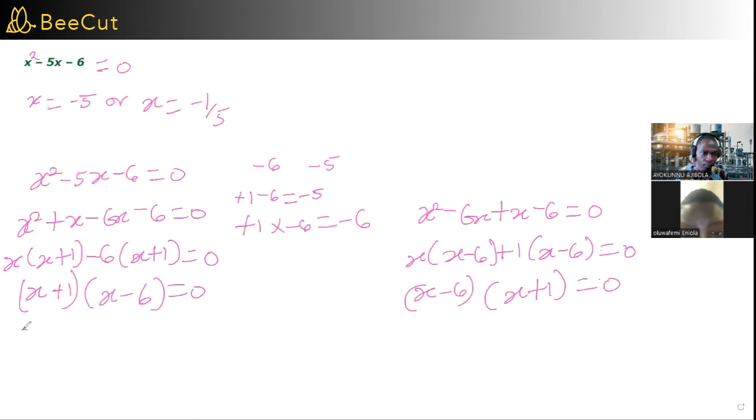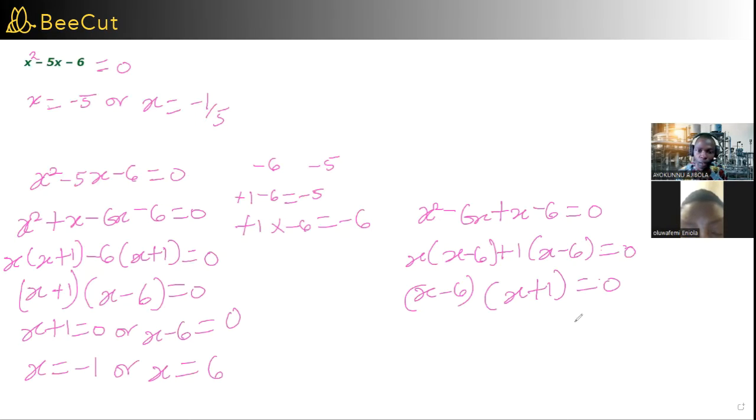Then I have x plus 1 equals 0 or x minus 6 equals 0. So here I can say x equals negative 1 or x equals 6.